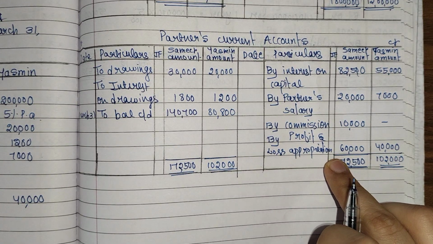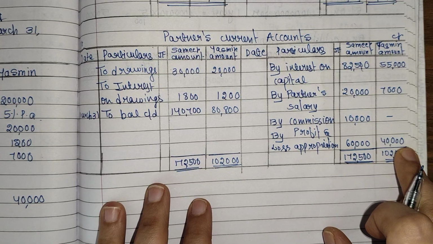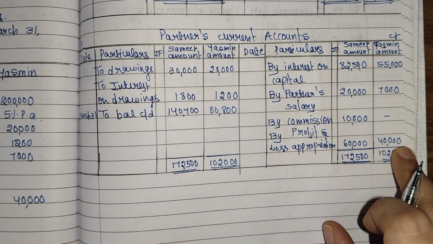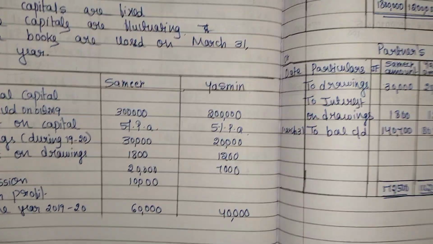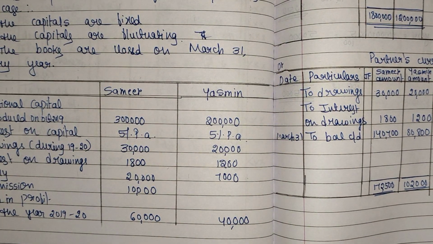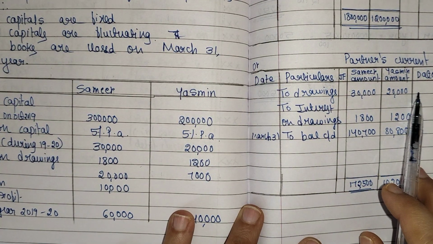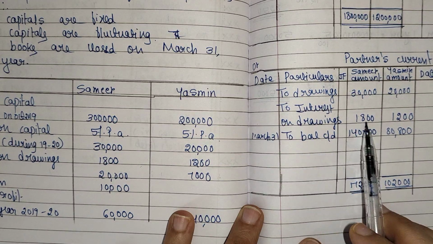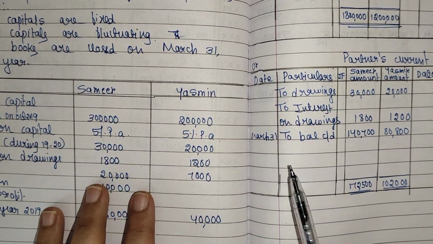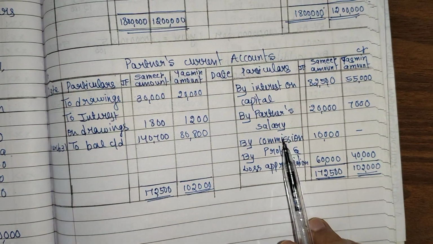By profit, means credit side, 60,000 and 40,000. Clear? So go to the debit side and write down withdrawals. Temporary withdrawal means debit side, right? To drawings 30,000, 20,000 and interest on drawings, how much? 1,800 and 1,200.